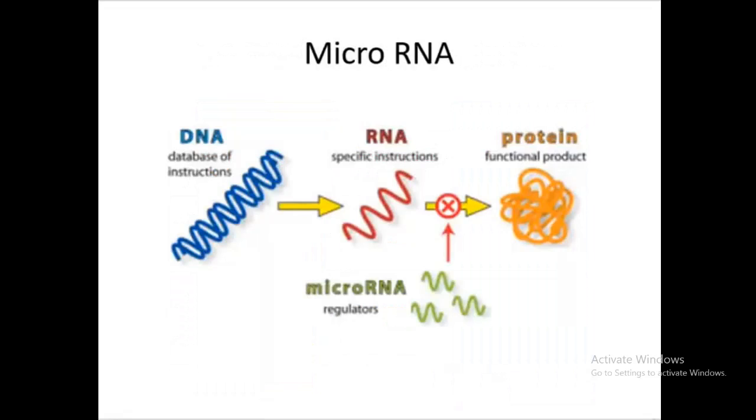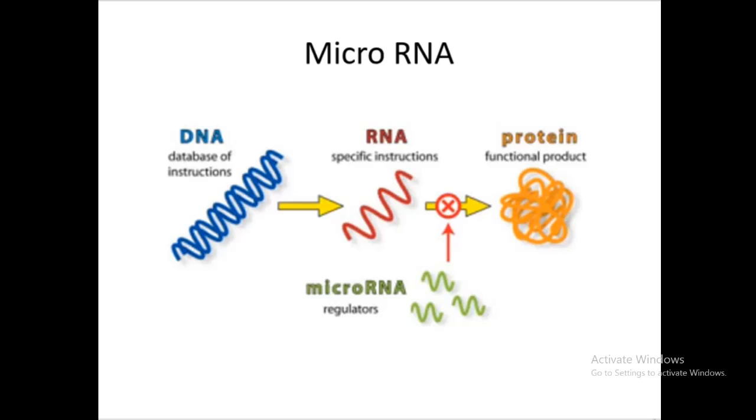So we talked about the dogma of DNA to RNA to protein. But another thing we want to introduce at this point, and it's becoming increasingly topical in terms of biomarkers, is the use of microRNA.